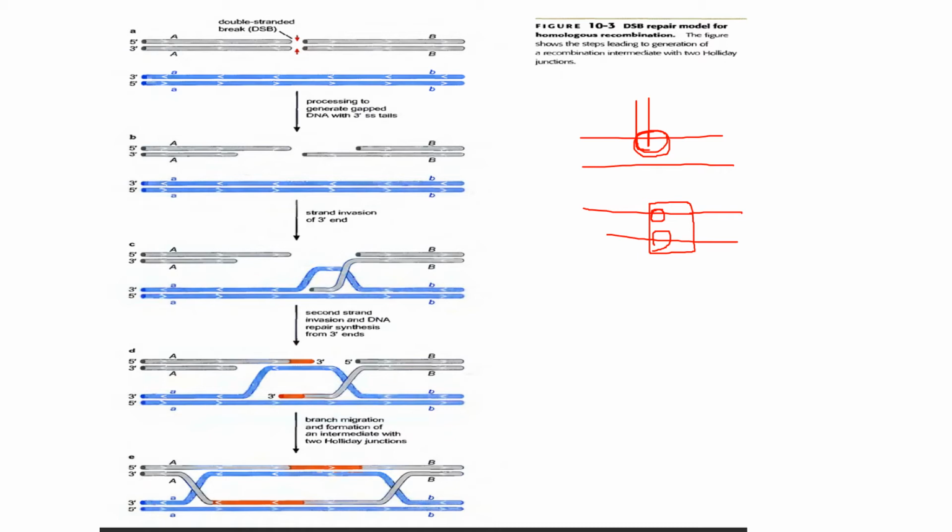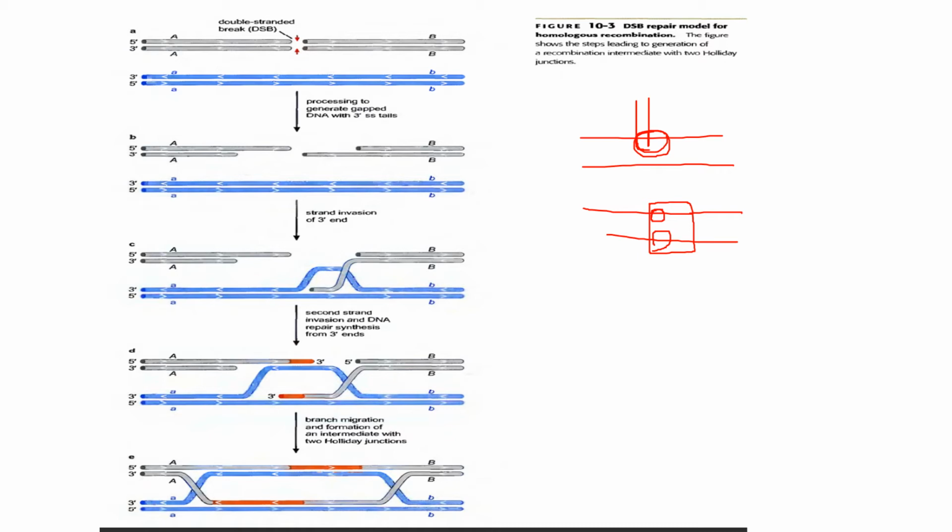The sister chromosome is used as a template, and this damage can be repaired. So this is known as the double strand break repair model for homologous recombination.